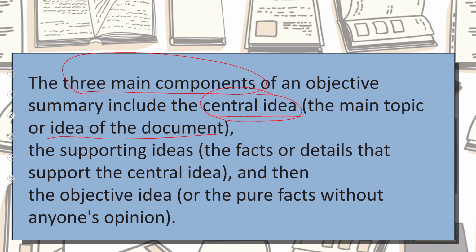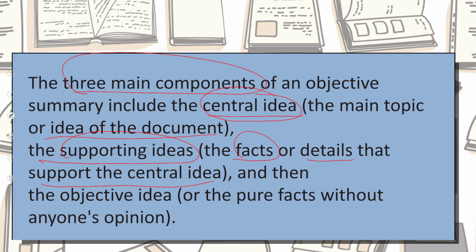Then we have our supporting details, which support the main or central idea. Those supporting details include facts or details that support the central idea. So we can clearly, in a very short way, write down all the main points that lead us to the main idea.